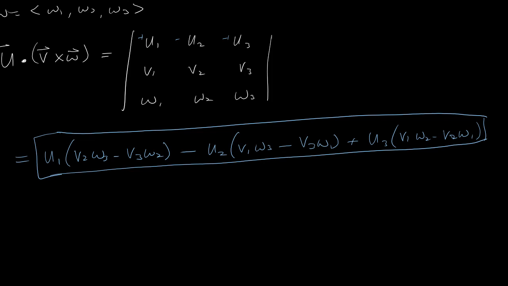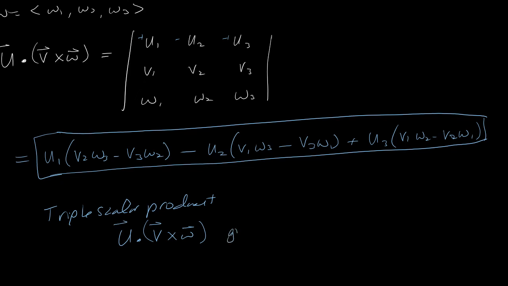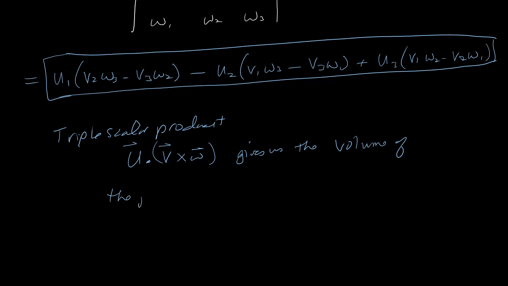The triple scalar product, u dotted with v cross w, gives us the volume of the parallelepiped formed by u, v, and w.